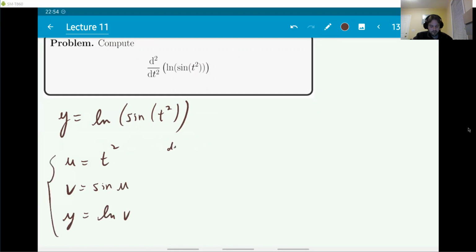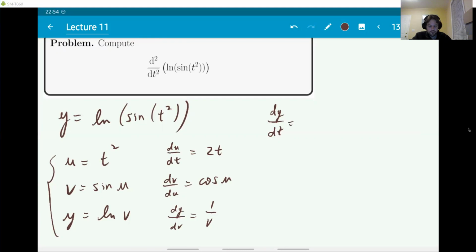They have very easy derivatives. du dt is 2t. dv du is cosine u. dy dv is 1 over v, the derivative of ln. Multiplying the 3 of them together will give us dy dt, only one derivative of the original function.